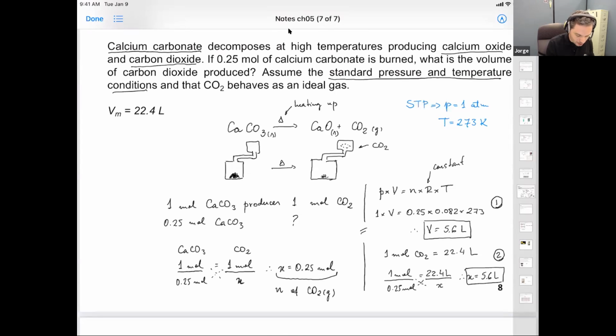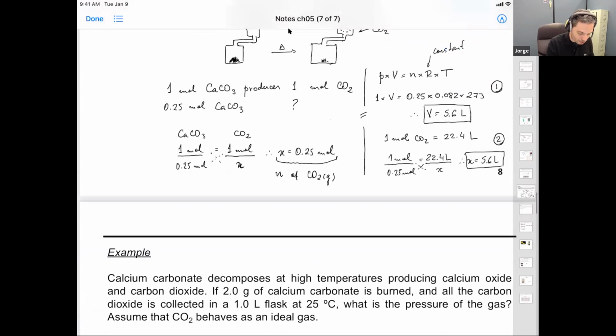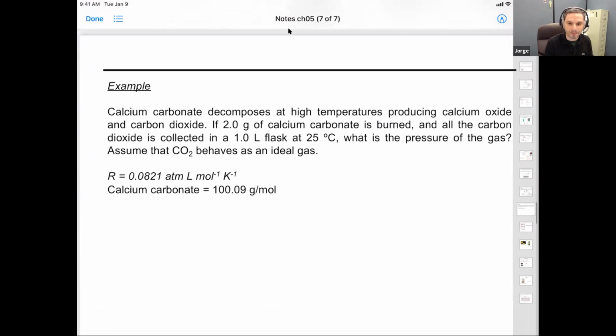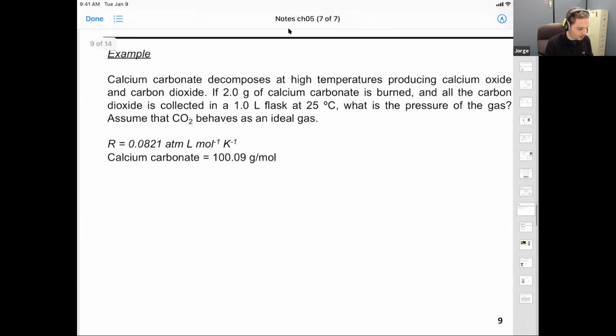And attention here, because now you have a volume of the flask, that's going to be the volume of the gas, and the temperature is going to be slightly different from the first case. So if you solve all of that, you must find a pressure for the gas of 0.50 atmospheres.